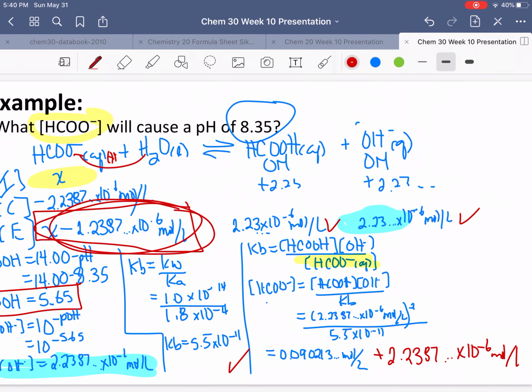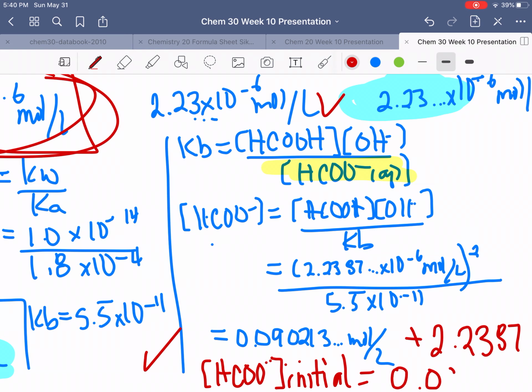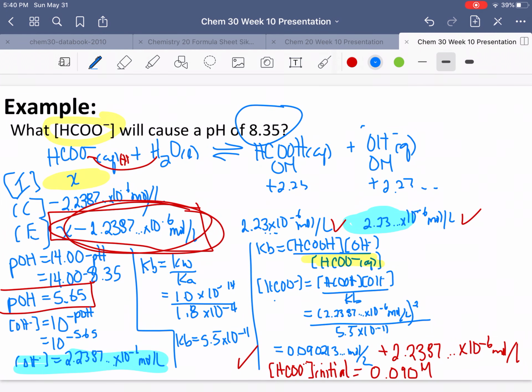Lo and behold, we have now just figured out the initial concentration of the HCOO negative aqueous initial is equal to, we need 2 sig digs, 0.090 moles per liter. And there it is.